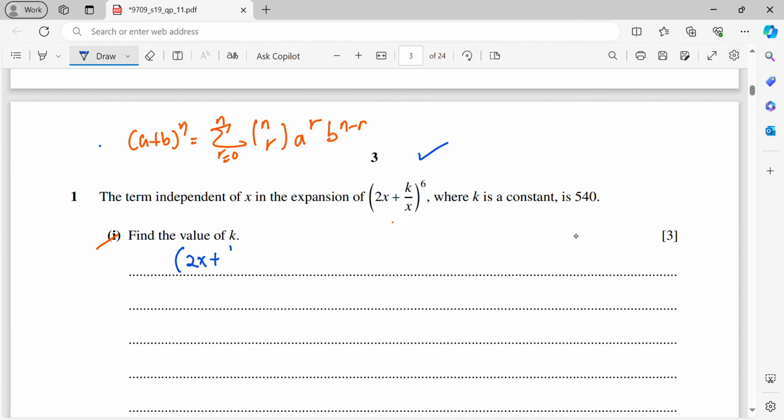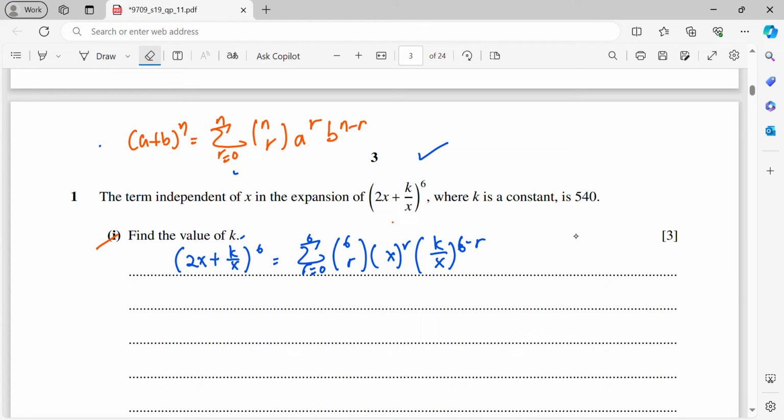This term first, that is summation r from 0 to 6 if you compare. Then here will be 6Cr. Then a is the first term, which is your 2x to the power of r. Then the second term is going to be k over x to the power of 6 minus r.